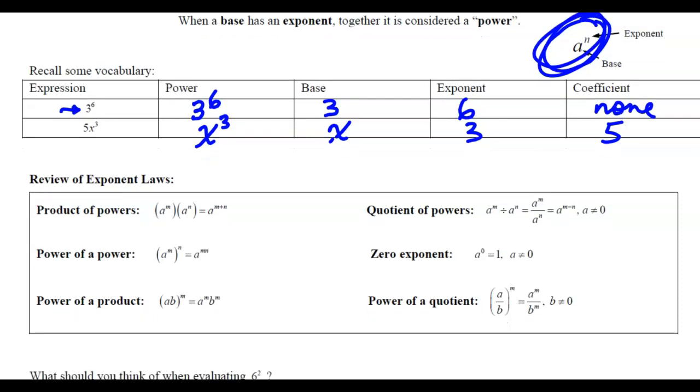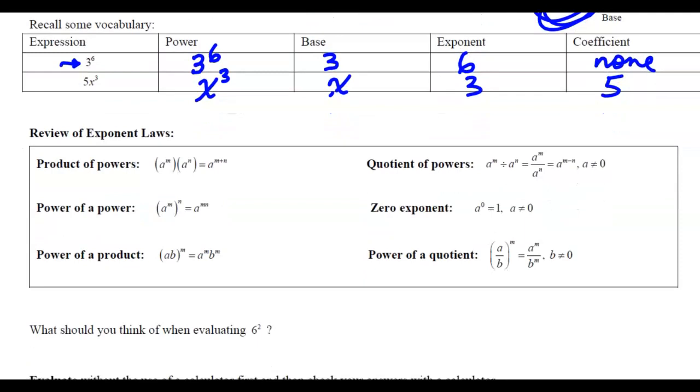So here are those rules that we expect you to know from Math 9. Remember, from Math 9. When you're multiplying powers with the same base, that's the key. They have to be the same base. Then you add the exponents. When you divide powers with the same base, you subtract the exponents, either using that old school division symbol or a fraction symbol.